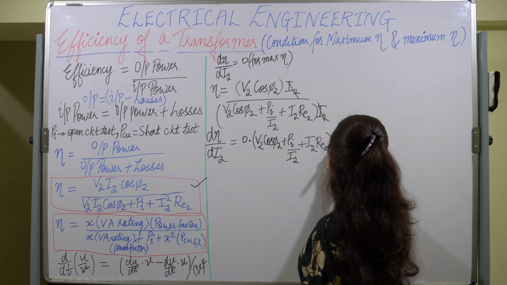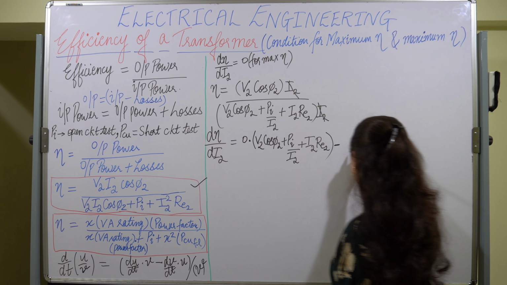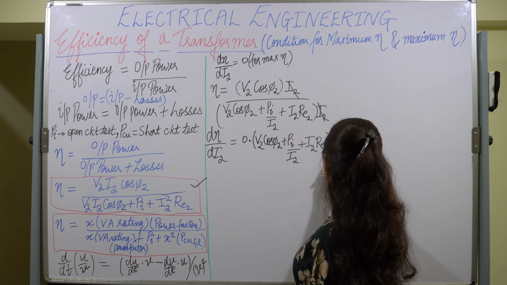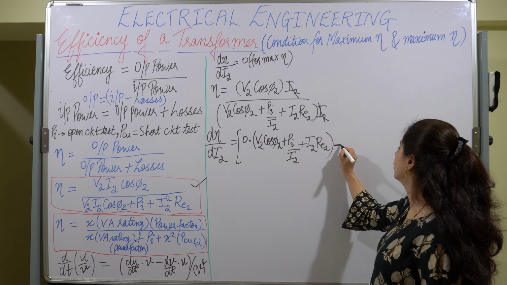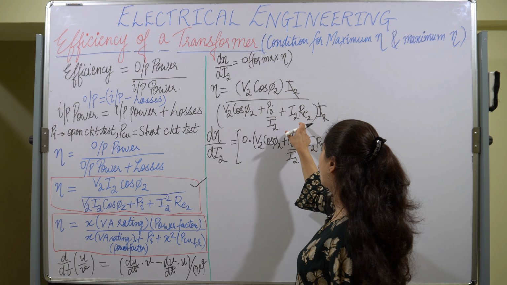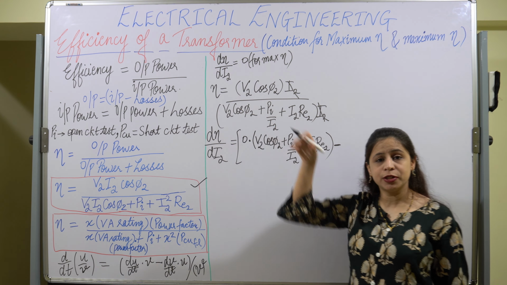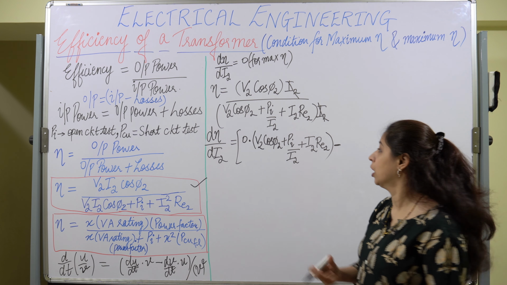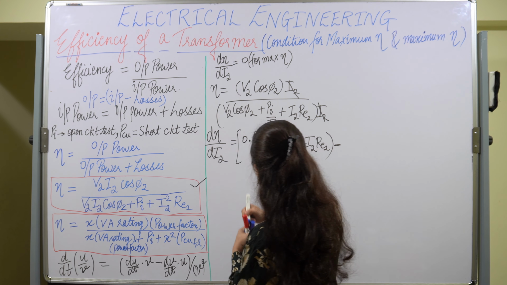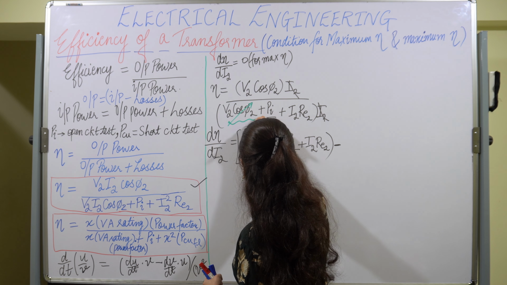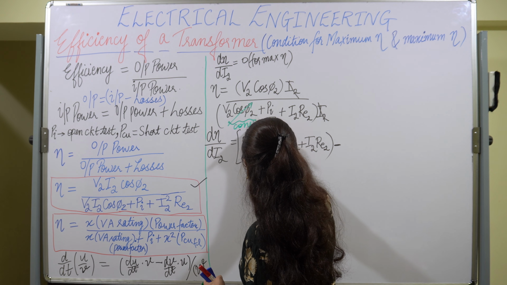Then we put a negative sign, and we need to differentiate the denominator, keeping the numerator as it is. Differentiating the first term would again give us 0 because it is a constant.